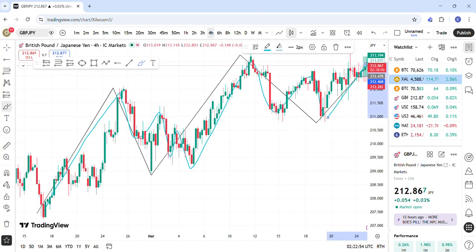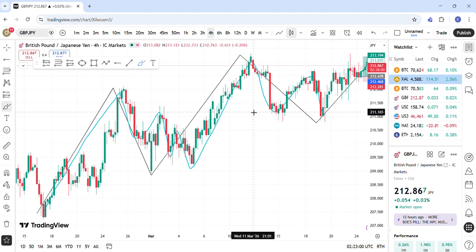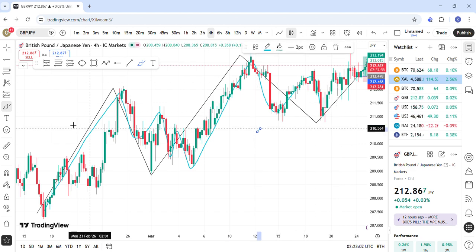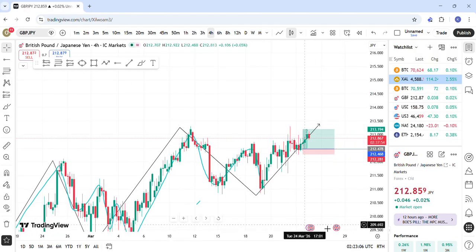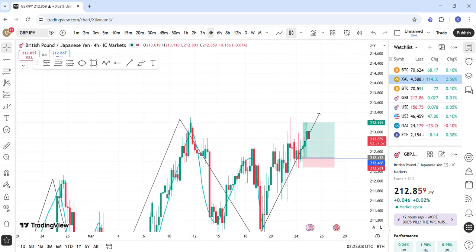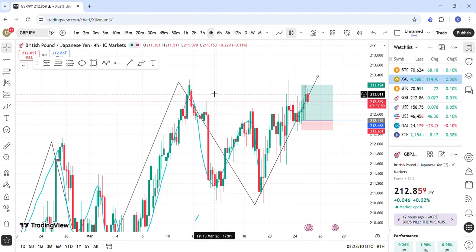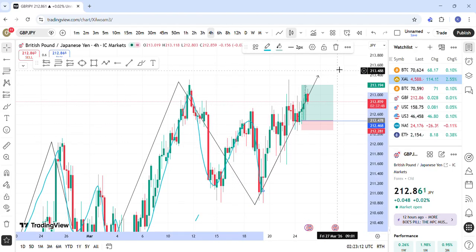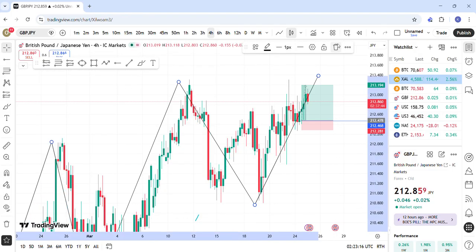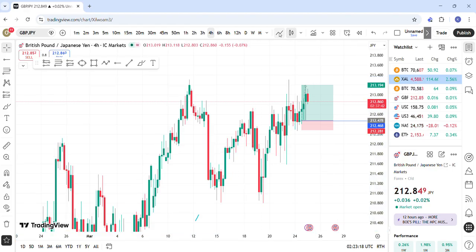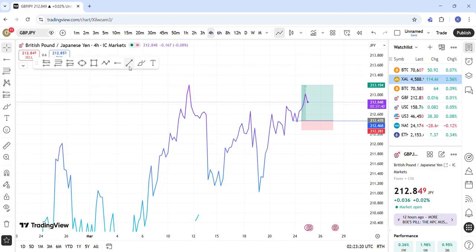Then we are in the impulsive already. How I knew that we are in the impulsive already was from this break here. So we have a break of structure here.